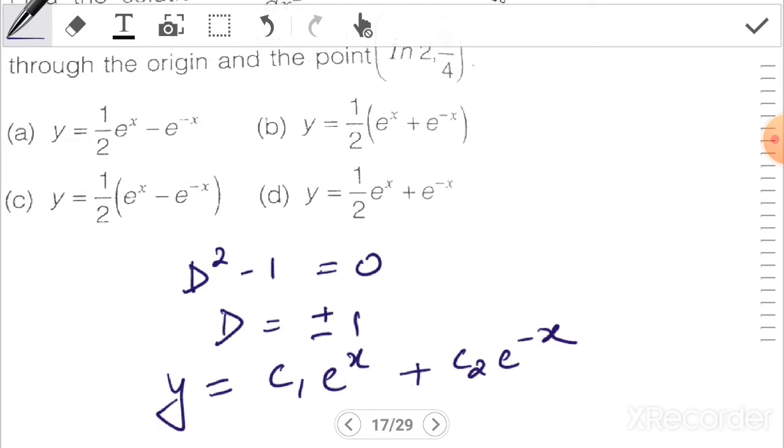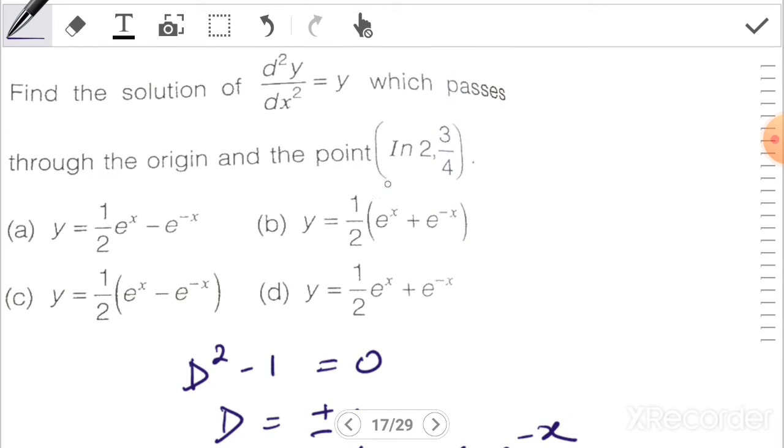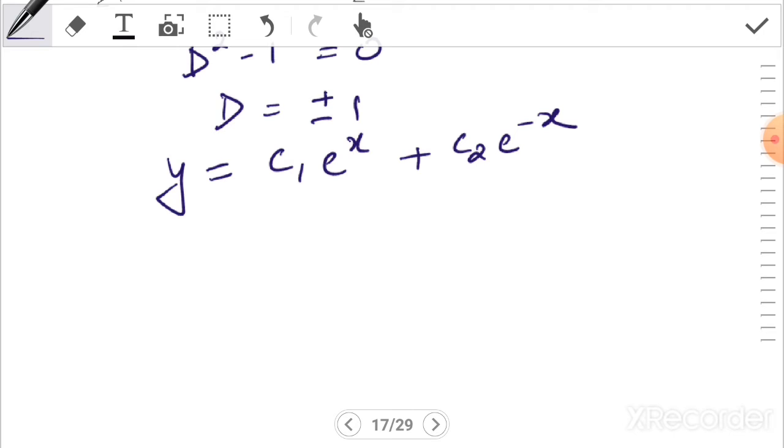Now given that a point passes through the origin, okay, so at x is equal to ln 2, we have y as 3 by 4. So this is y is equal to 3 by 4 at ln 2.